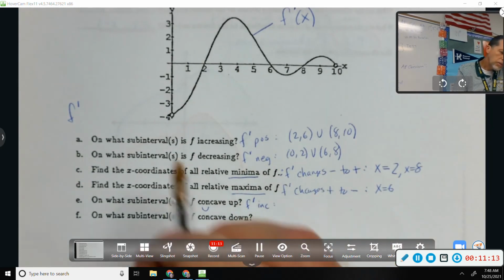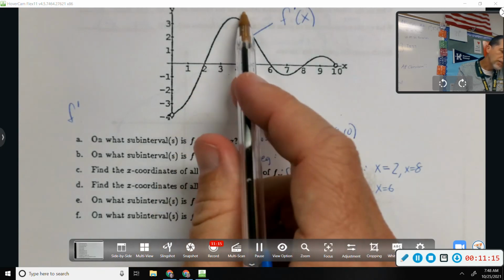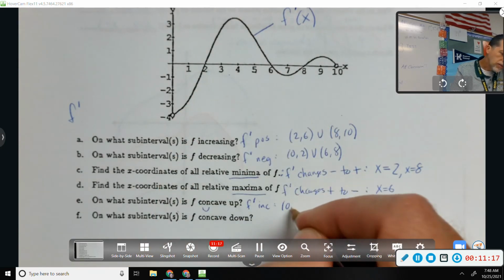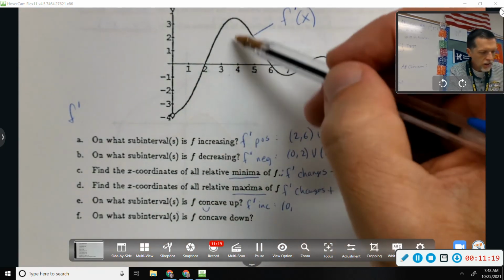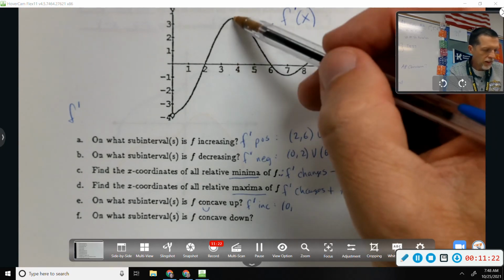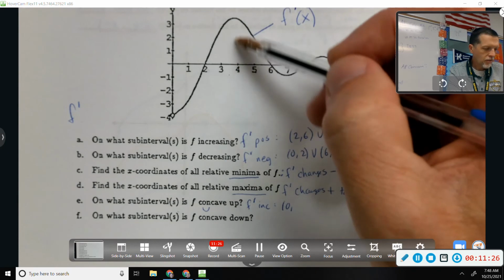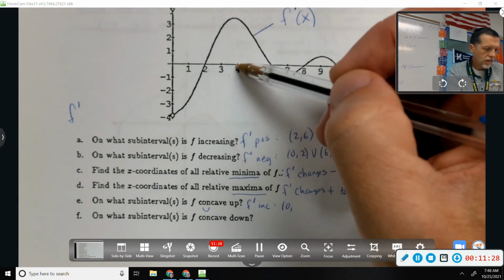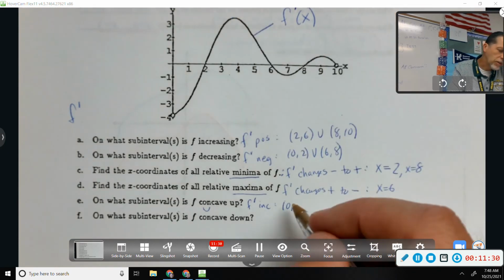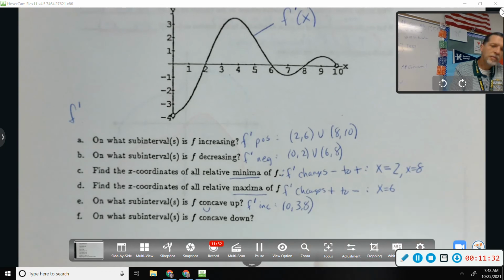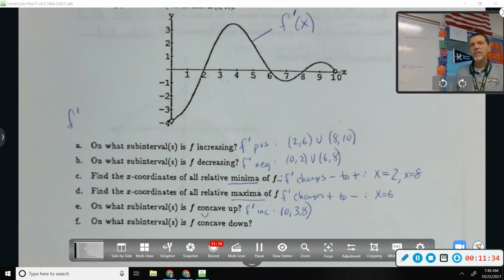f prime is increasing. My graph is going up from 0 to, I'm not sure what point that is. 3.5, 4, 3.8, I don't know, whatever you want to call that. That's one of those where I'd accept anything. I would know what you're looking at there.